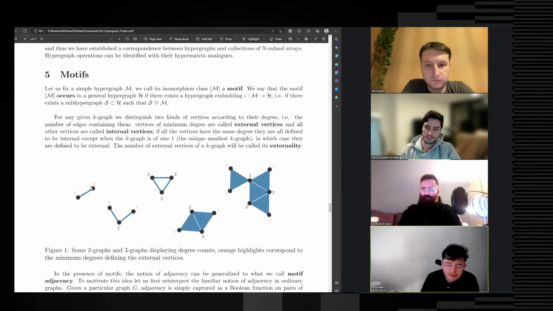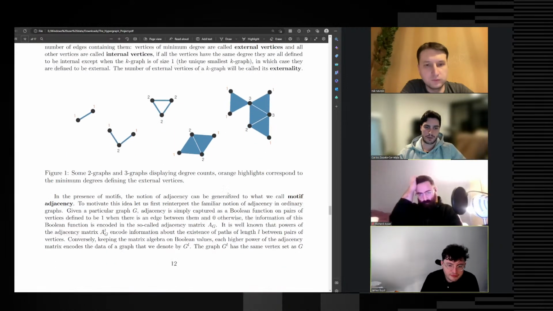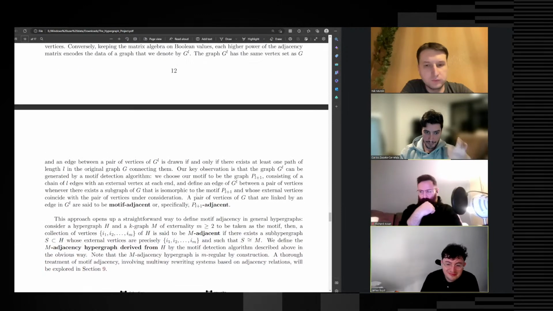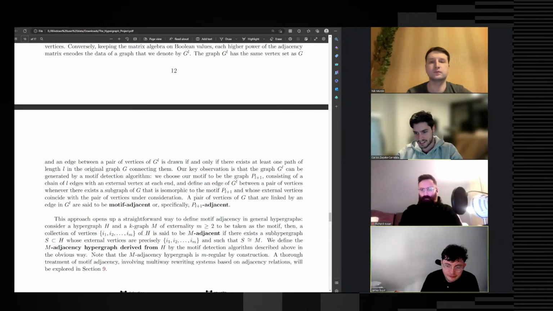If you want to restrict to finitary hypergraphs, you can build all hypergraphs constructively with motifs, right? So this is as simple as saying all hypergraphs are made of hyperedges, and hyperedges are hypergraphs in particular. It's kind of that silly, but the point of motifs is not just to say everything is made of hyperedges. It's just semantics of what you're calling.